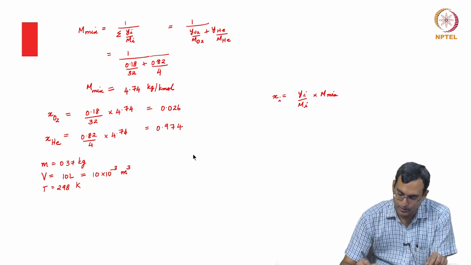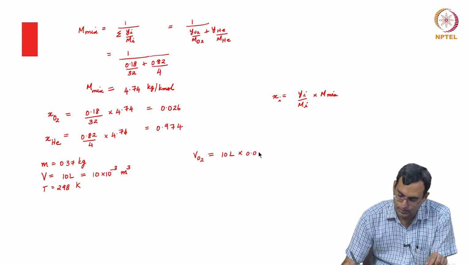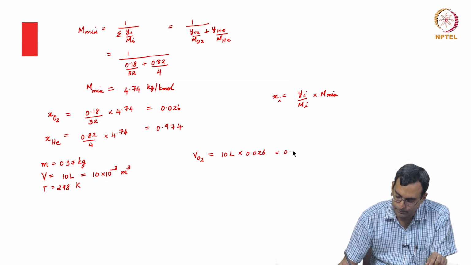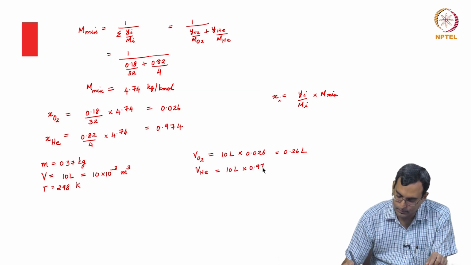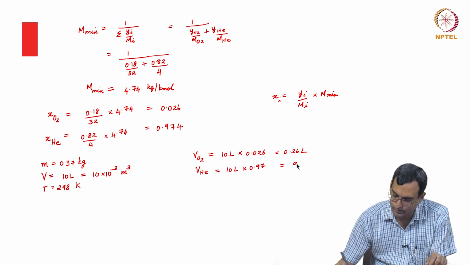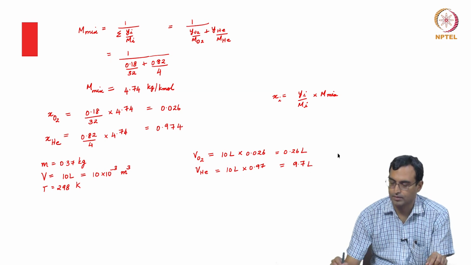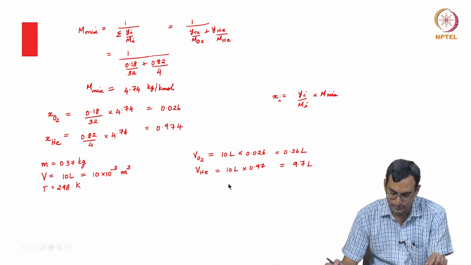So, the partial volume would be the total volume into this, and the volume of helium would be the same way. So as far as volumes go, we have them directly.